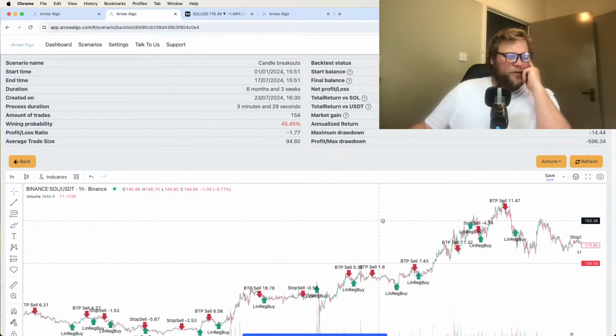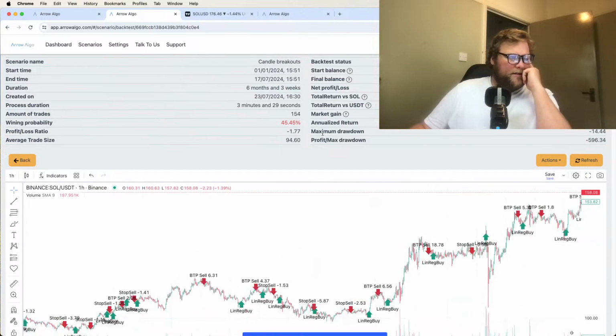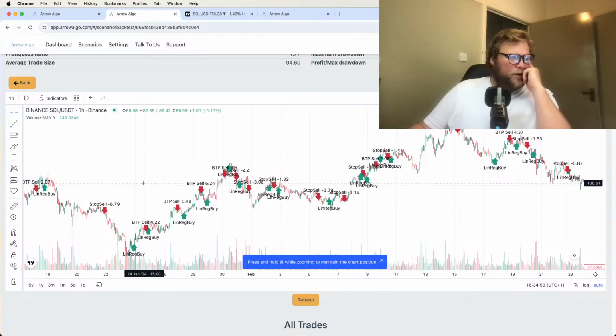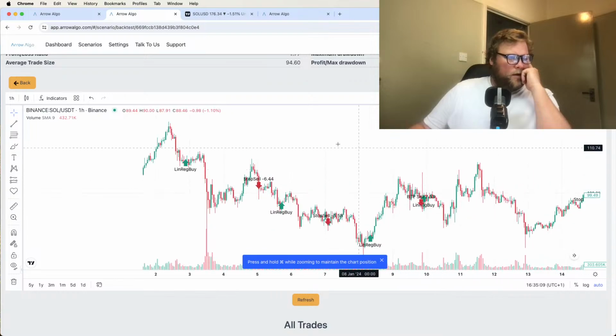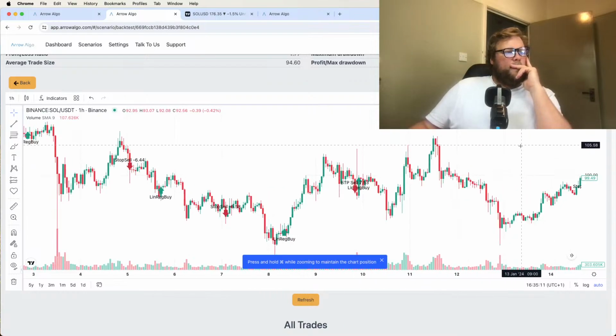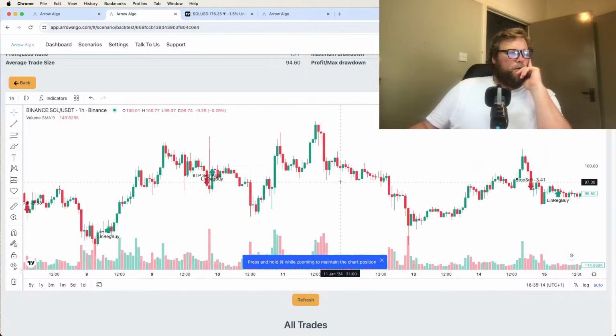But again, as I mentioned, we've only got these Linreg buys. We don't see any of our nice breakout buys. And some of these stop losses are quite slow to come in.